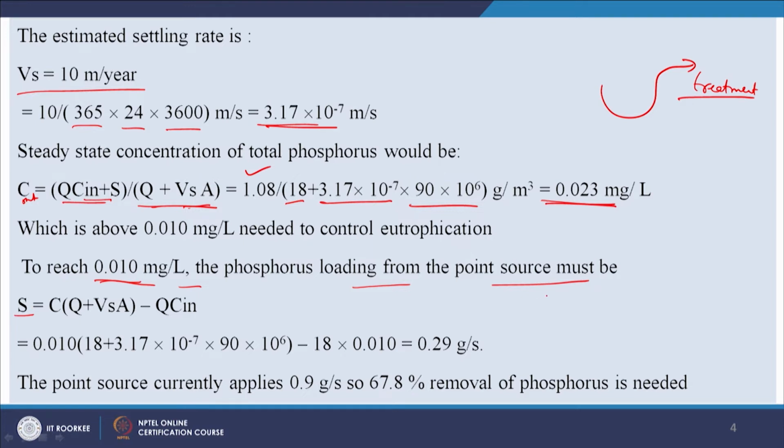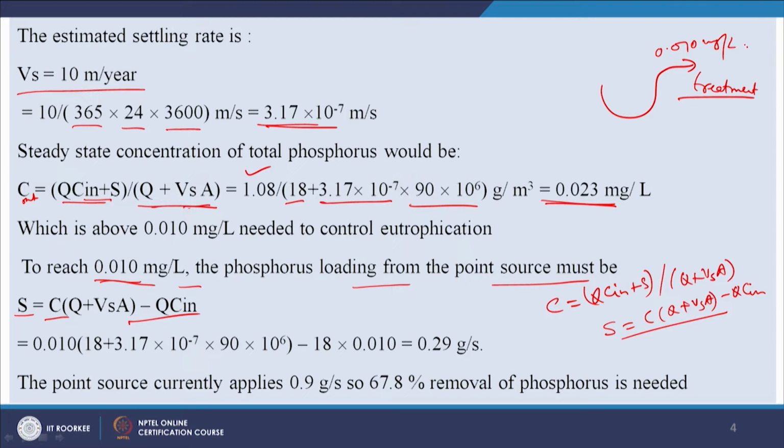C, meaning C out, equal to (Q C in plus S) divided by (Q plus V S into A). So, from this expression if we rearrange, S is equal to C into (Q plus V S A) minus Q into C in. So, this is the expression we are getting. Now we will be putting the C value, the value which is going out, equal to 0.010 mg per liter that we are assuming.